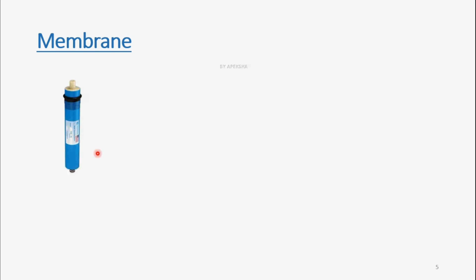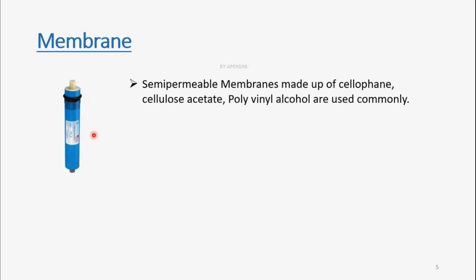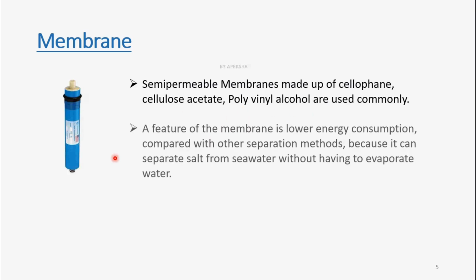So total dissolved salts जहाँ पर ज़्यादा होते हैं वहाँ generally RO use होता है. और RO क्या करता है, जो saline water है, जो salty water है, उसमें से dissolved salts को remove करता है और वो पानी को drinkable बनाता है. So there the membrane used is a semi permeable membrane, that is made up of cellophane, cellulose acetate, polyvinyl alcohol. Generally these types of membranes are used.